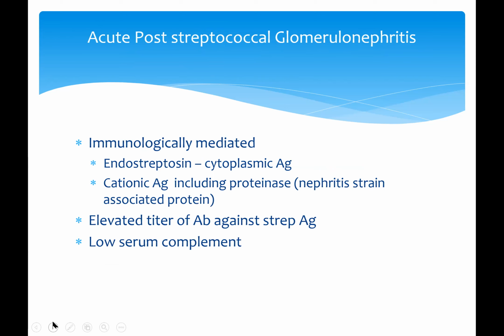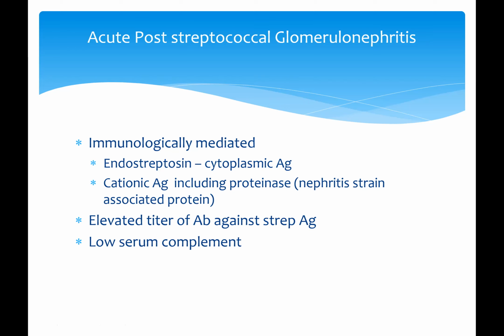The prototypic exogenous antigen-induced disease pattern is post-infectious glomerulonephritis. An example of endogenous antigen-induced disease is nephritis of SLE. The most common cause would be your streptococci. The most common underlying infection would be streptococcal.